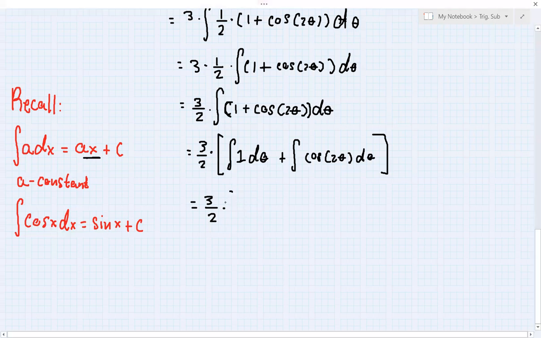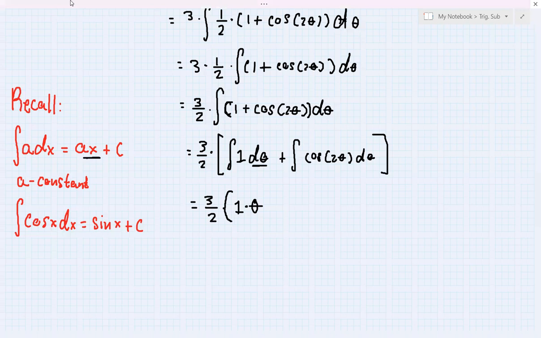Let me fix the bracket. Ayan, so magiging 1 times theta. Bakit theta? Because since meron kang d theta, therefore dapat ang kalabasan mo ay theta rin. Independent variable mo kasi dito is theta na, hindi si x. Okay? So yun, magiging 1 times theta or magiging theta na lang siya.